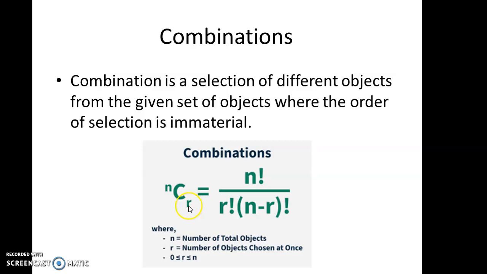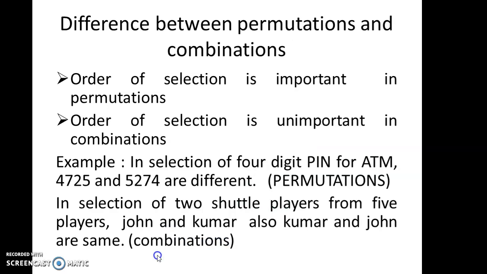That means we are going to select r number of objects from the given set of n objects. So the formula is n factorial divided by r factorial multiplied by (n minus r) factorial, where n is the number of total objects, and r is the number of objects chosen at once.